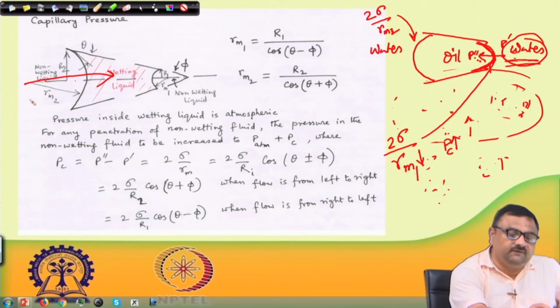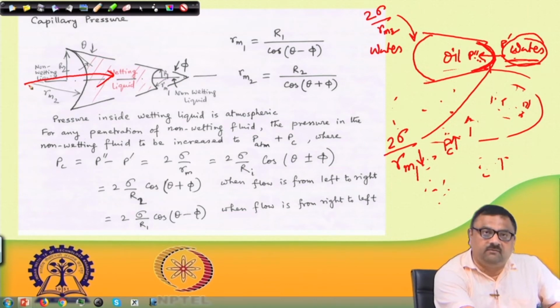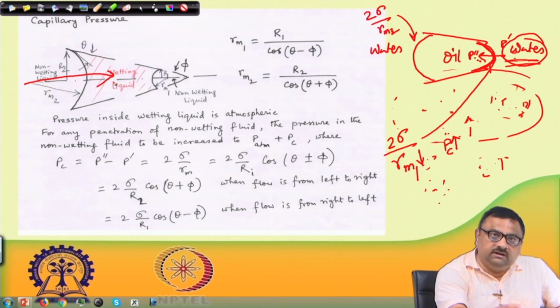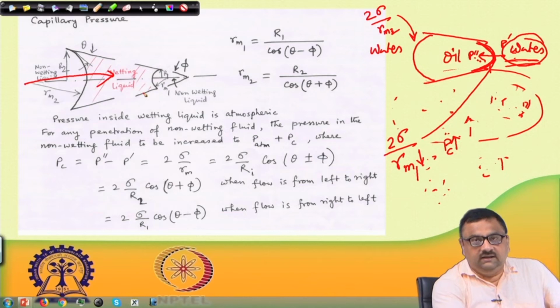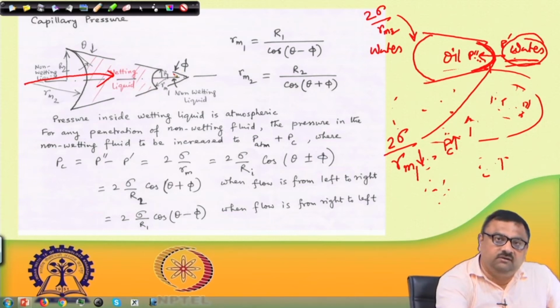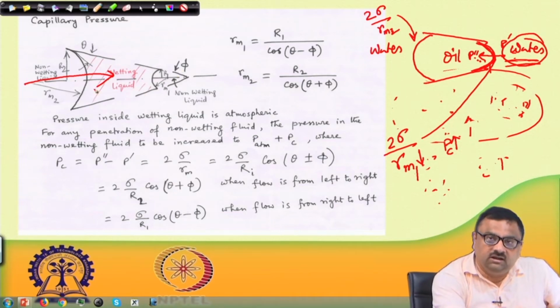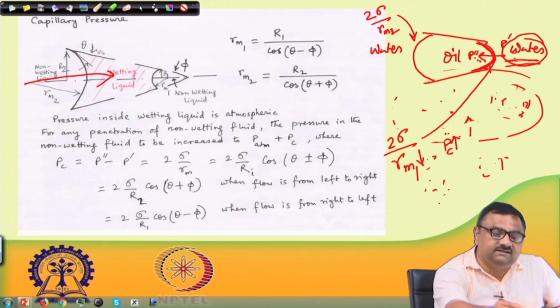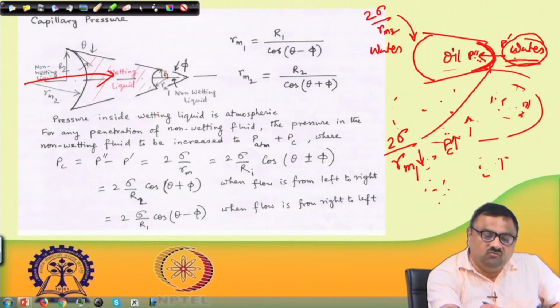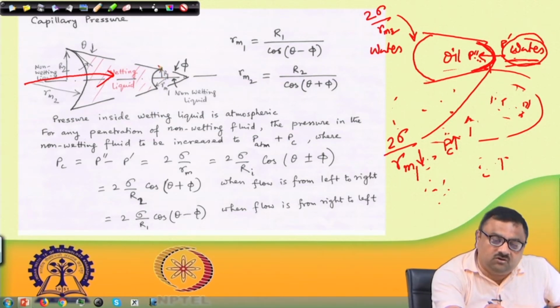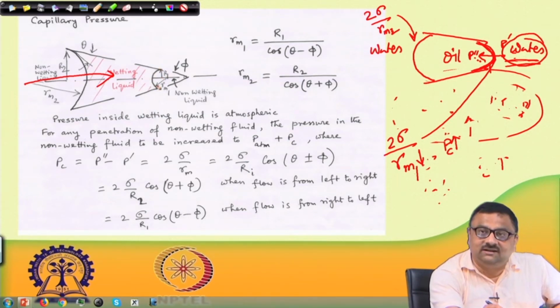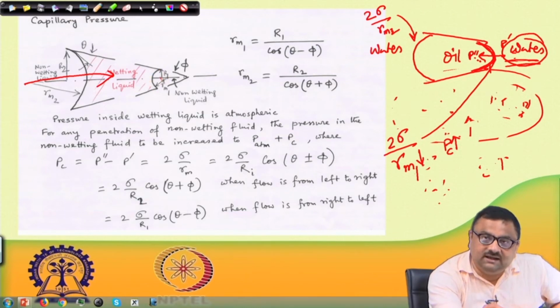Though we put the oil from left to right, when it comes to the filling of the same pore by water, we would see that the flow from right to left will be favored for water, because the obvious reason is the substrate is water wet. So, the pulling of water would be more here, because here the Rm is less.